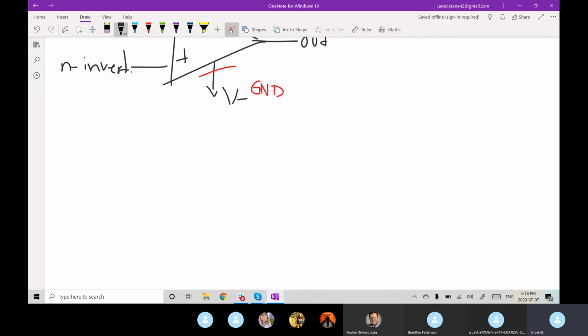We have a few just basic rules to go along with an op-amp. They're basically fundamental properties of the op-amp that it'll always go by, regardless of what configuration you're set up in, just the general characteristics of an op-amp.